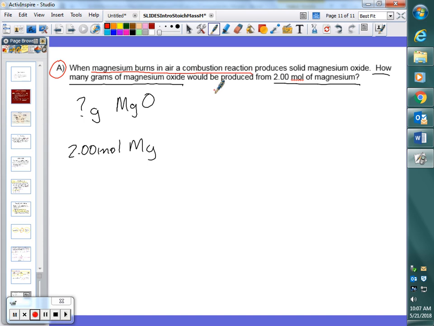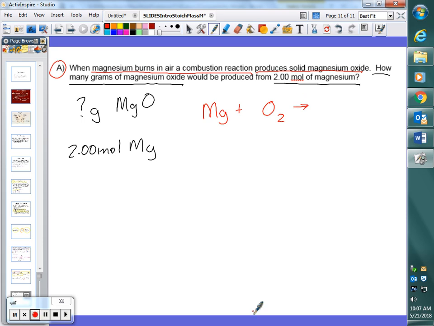Hopefully we remember from our classification of reactions that combustion reactions are when something reacts with O2. O2 is one of those reactants. So it says when magnesium burns in air. So that means that we're going to have magnesium reacting with oxygen, because that's the combustion reaction, to produce solid magnesium oxide.